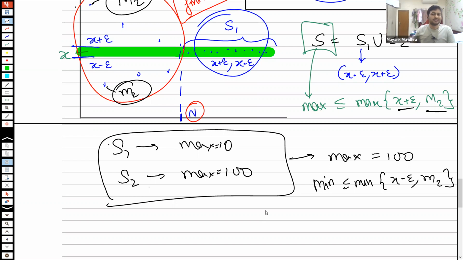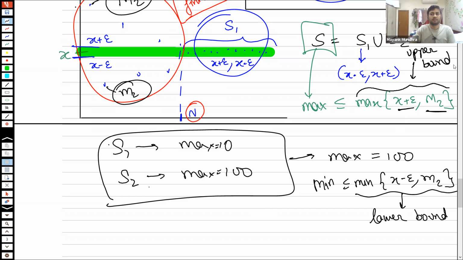This means that whatever is the minima of these two numbers is going to be a lower bound, and whatever is the maxima of these two numbers is going to be an upper bound. If the sequence has a ceiling and a floor, then it is basically sandwiched.